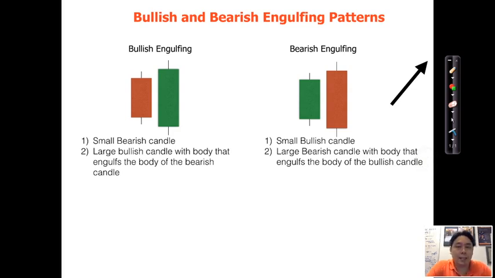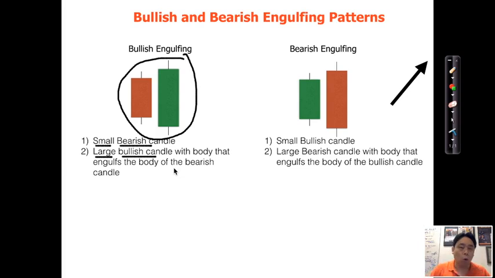All right, let's look at our last set of candlestick patterns, which is the engulfing patterns. First, the bullish engulfing and the bearish engulfing. So the bullish engulfing is a set of two candles made up of a small bearish candle, right? Small bearish candle, followed by a huge bullish candle that engulfs the body of the bearish candle. So what is engulf?